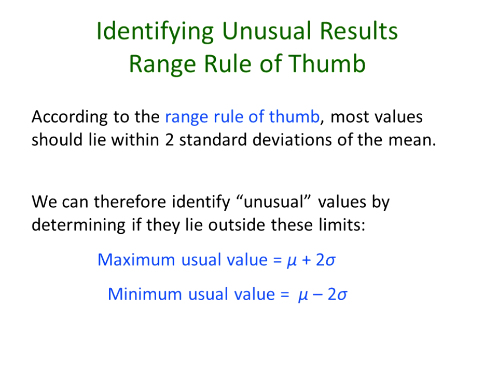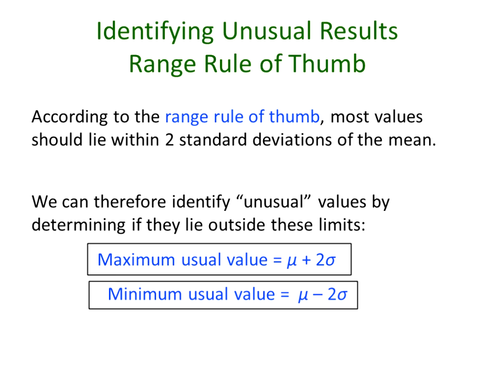Okay, so now we're going to talk about identifying unusual results. This is something we've already discussed. We talked about the maximum usual value and the minimum usual value, but now the notation looks different.